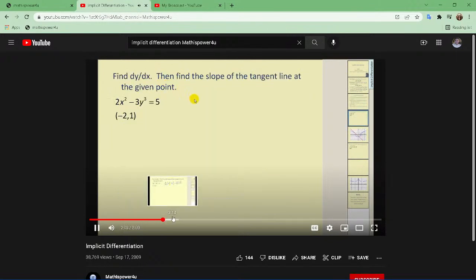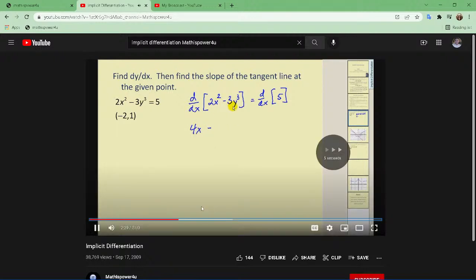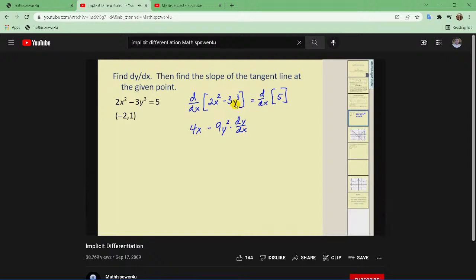So step 1 is to differentiate both sides of the equation with respect to x. If the term involves y, we'll differentiate as we normally would, but have a factor of dy dx. And again, we're just thinking of y as some function of x, and we're applying the chain rule. Equals 0.